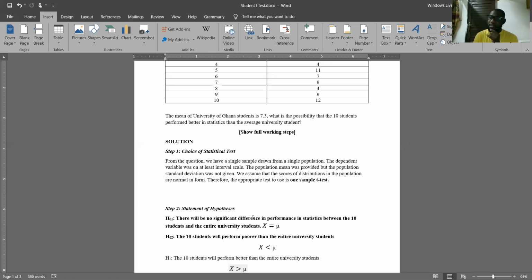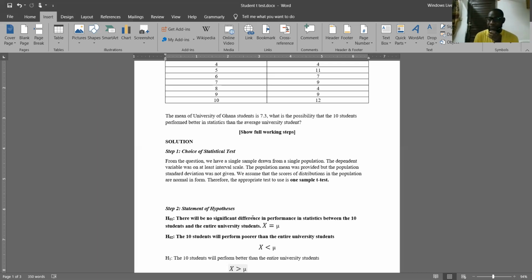For it to be two-tailed, it means that they will state the prediction in such a way that you wouldn't know which of the two groups they are emphasizing to be greater than or less than. So they could have just stated there will be a difference in performance in statistics between the 10 students and the average university student.